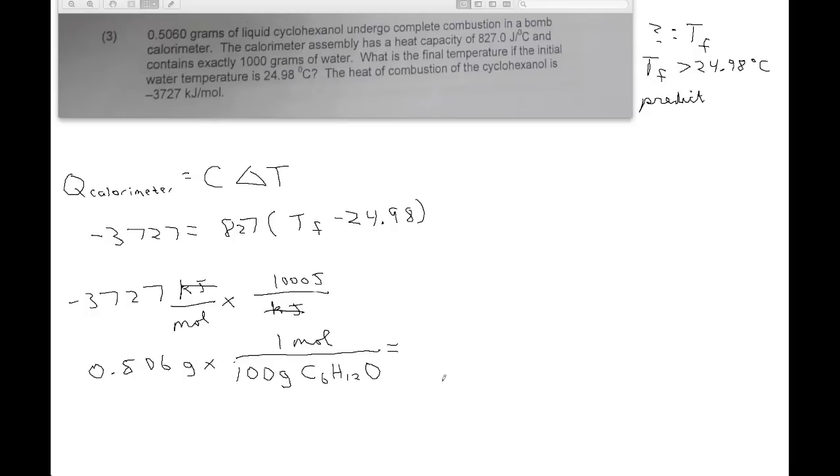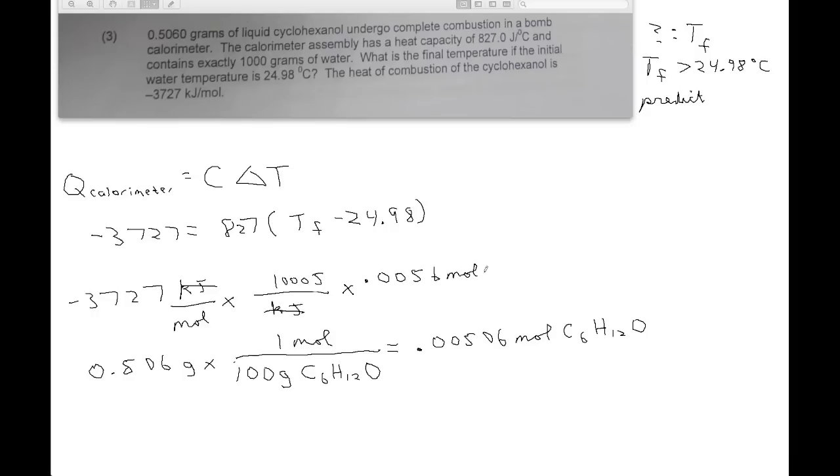Let me get caught up with you here. What's the next conversion ratio you wrote here? So I multiplied it by 0.00506 moles.